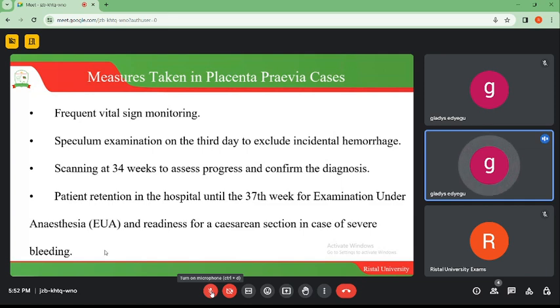Avoid even the baby having no fetal heart, and we end up having a lot of challenges in managing both the baby and the mother.